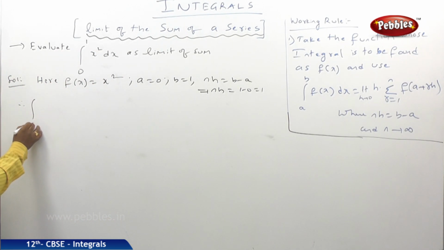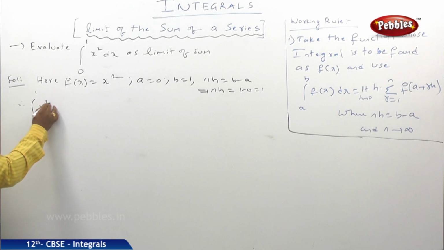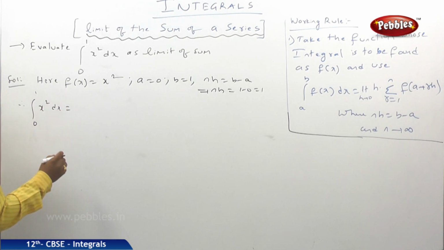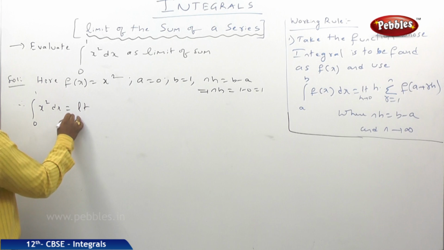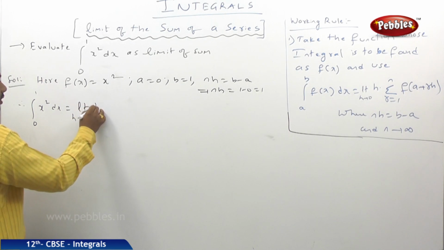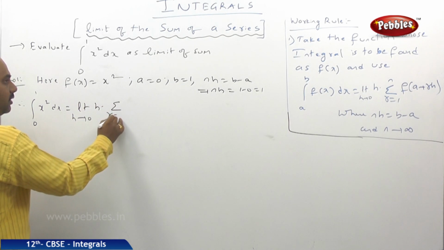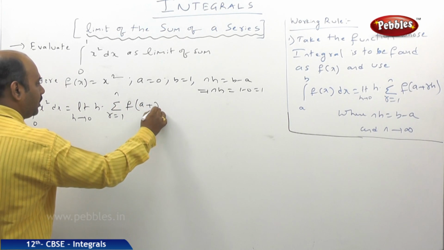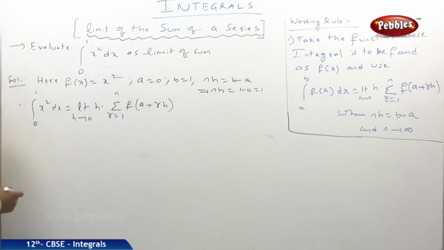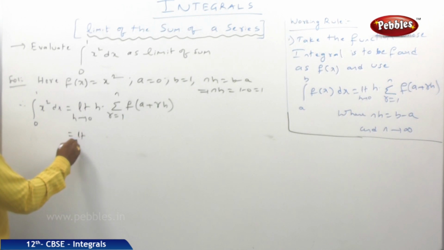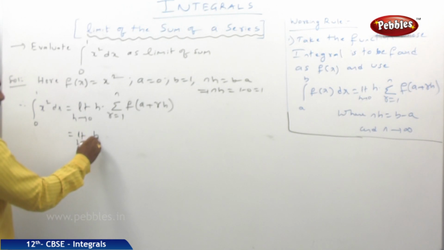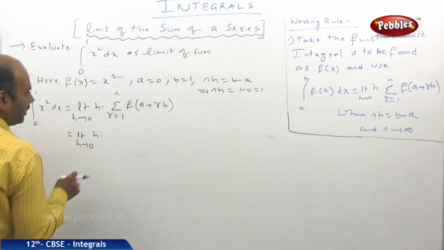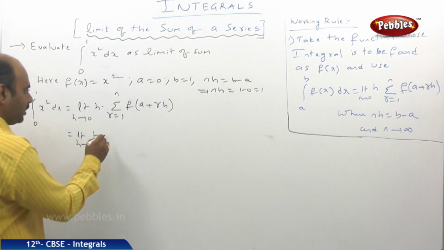Therefore integral of 0 to 1 x square dx is equal to, we need to write the formula, limit h tends to 0 h into summation r is equal to 1 to n f of a plus rh. So as usual, limit h tends to 0 h. So in place of x I need to substitute a plus rh.